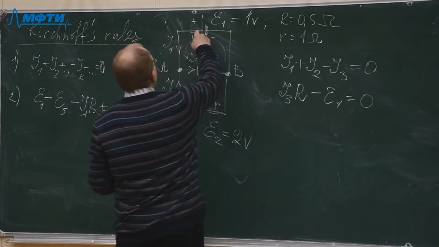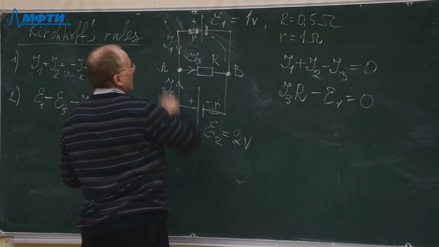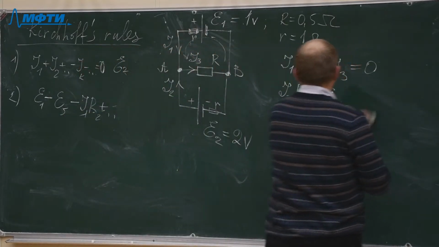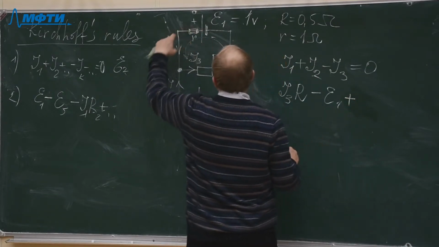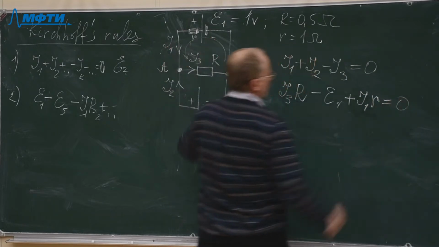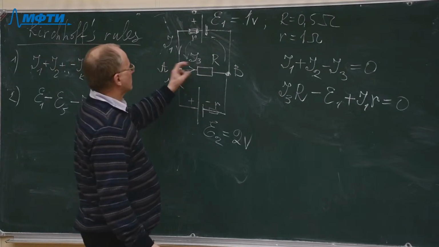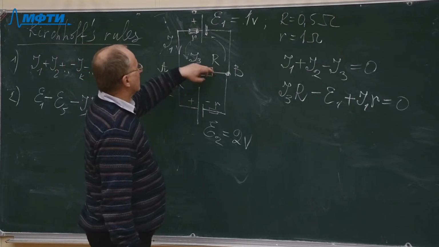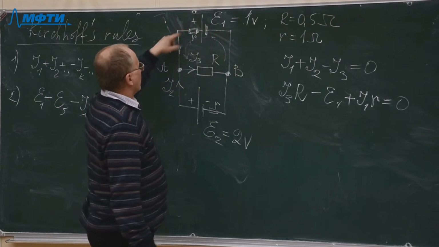I have forgotten already about the internal resistance here, and the internal resistance will give us again plus the current here, I1, times small r. That will give us 0. So we must take all the potential differences on all the active resistances, including the internal resistance of the battery.